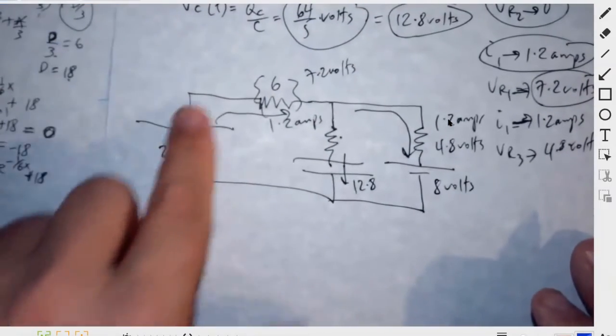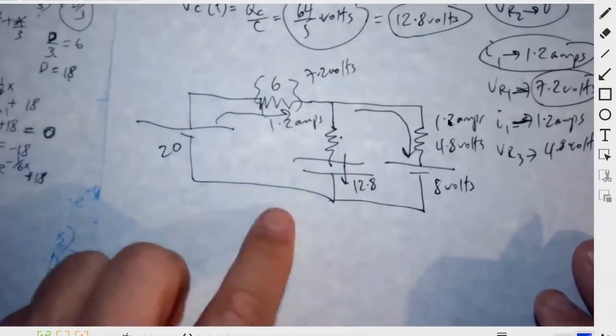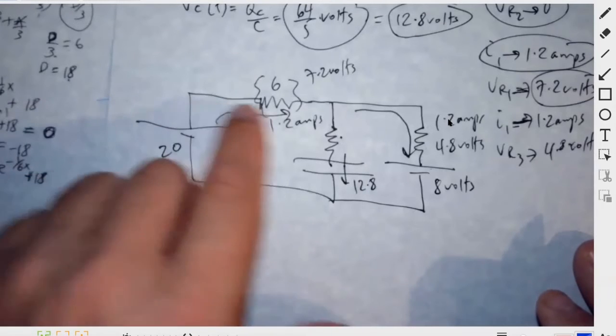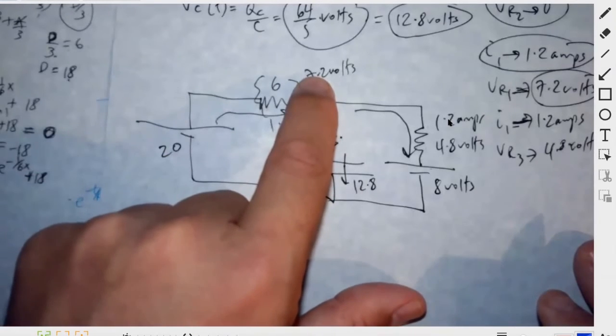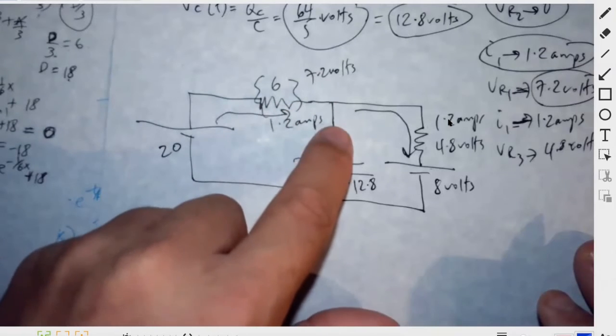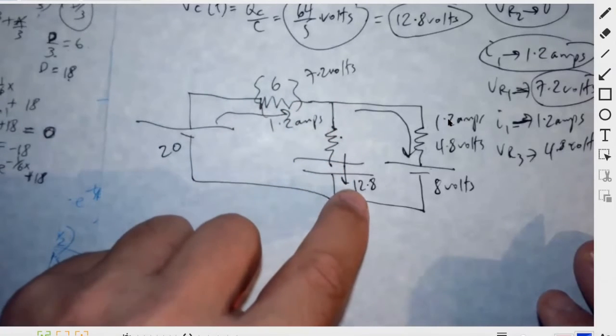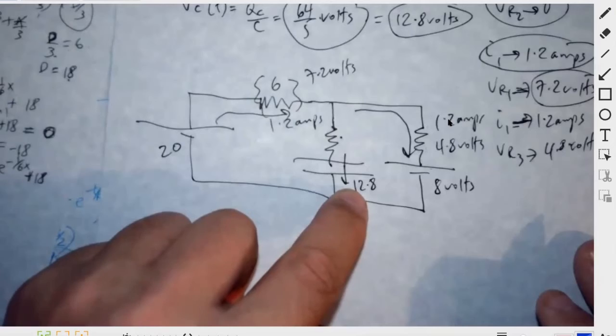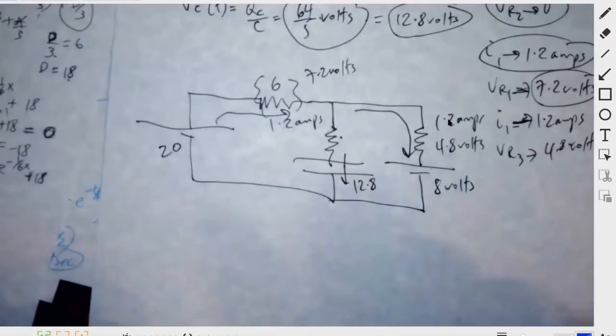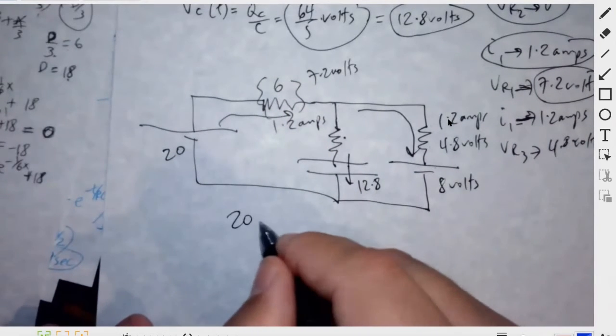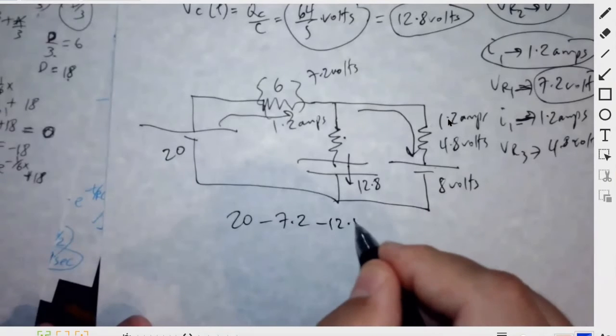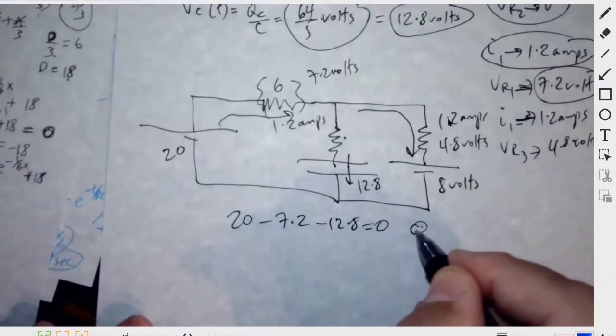If I do any loop, the potential gains and losses should be 0, right? 20 minus 7.2, then you go down, nothing here, and then 12.8. Well, is that 0? 20 minus 7.2 minus 12.8. Yeah, happy face.